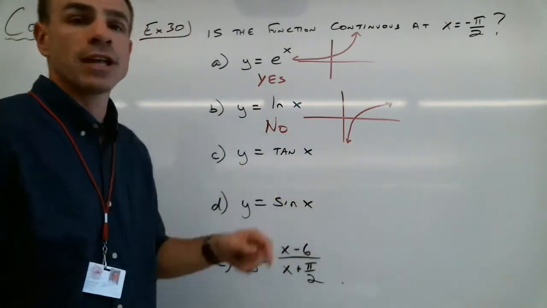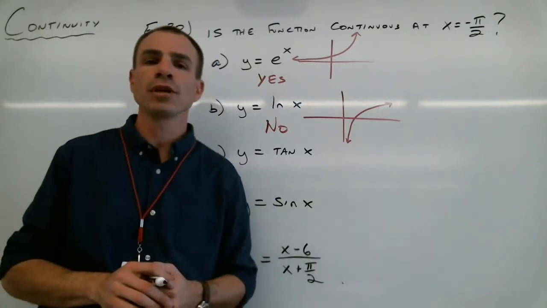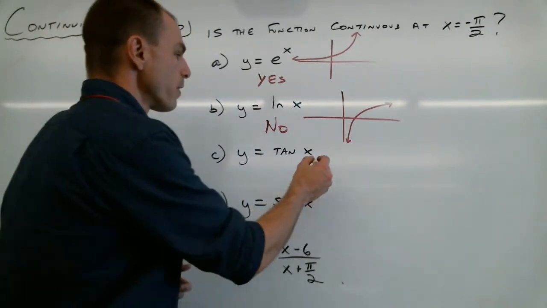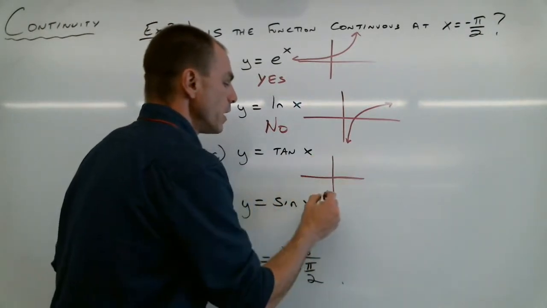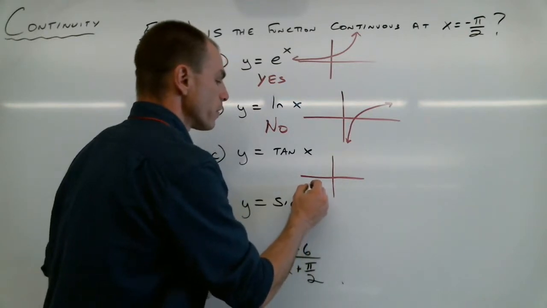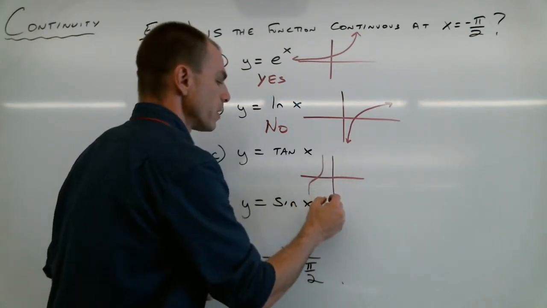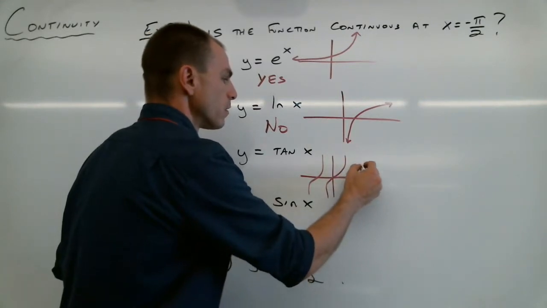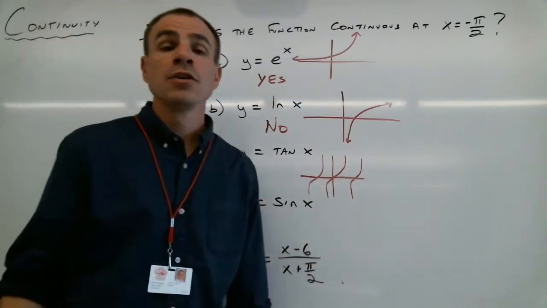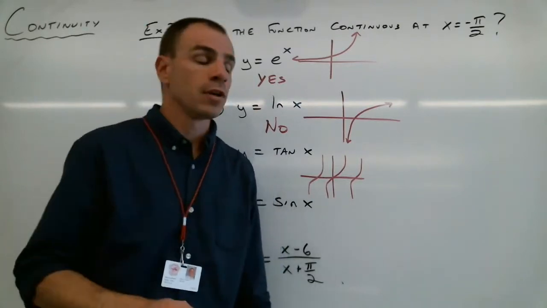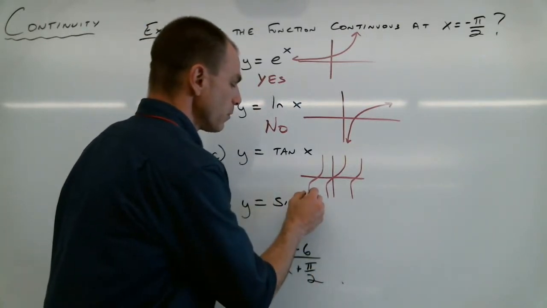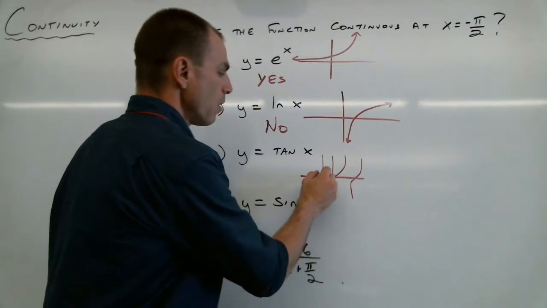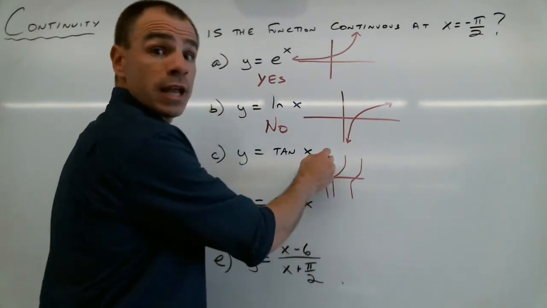How about tangent x? Another wonderful function that you learned in pre-calculus. And if we look at the graph of tangent, if you recall, it's a graph which repeats itself over and over and over. And it looks very briefly like that. Okay, so as I drew each of those curves, well, tangent is continuous over that entire interval.